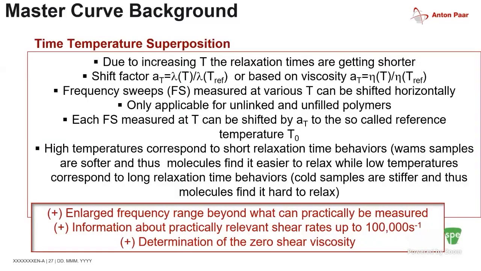And so by using shift factors, we can do very short frequency sweeps and shift the data along the x-axis to give us a reference condition to increase the response behavior. And this allows us in a very short period of time to understand what's going on with the elasticity response.